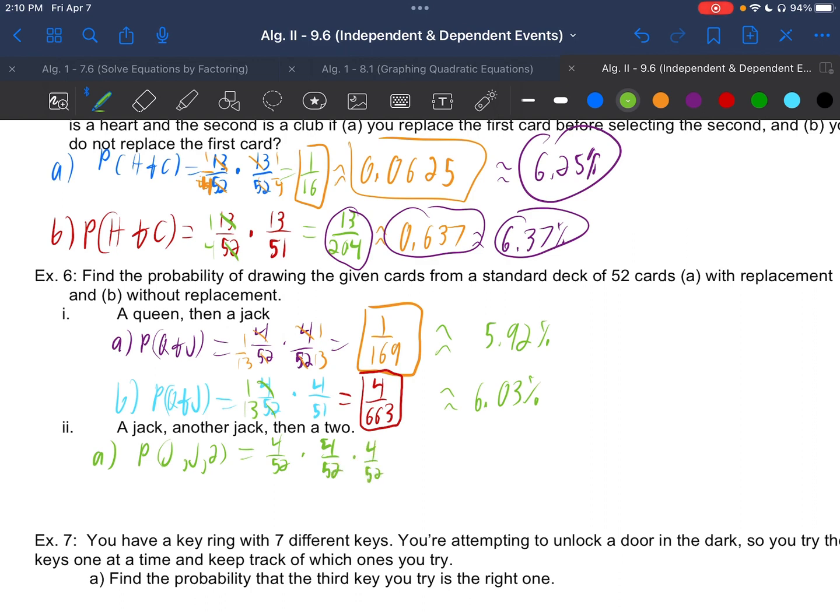So you just multiply it times itself 3 times, and you end up reducing all these to 1 over 13. 1 over 13 cubed is 1 over 2,197. That'd be approximately 0.455%. Not very likely, in case you're wondering.